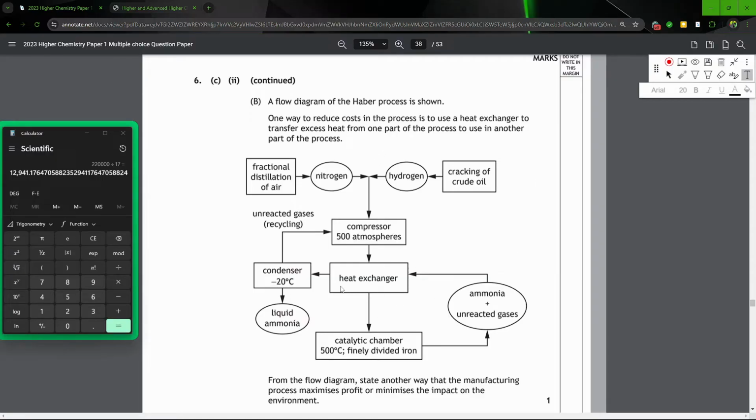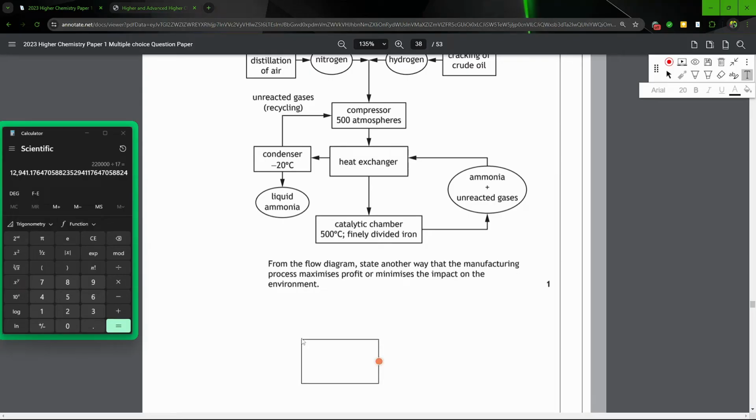We can't use this heat exchanger here, unfortunately, but a few things to say. It looks like we're recycling gases in there. We're also using air, which is a plentiful resource. So let's talk about the recycling of gases. It's probably easiest. I would just say gases are recycled.